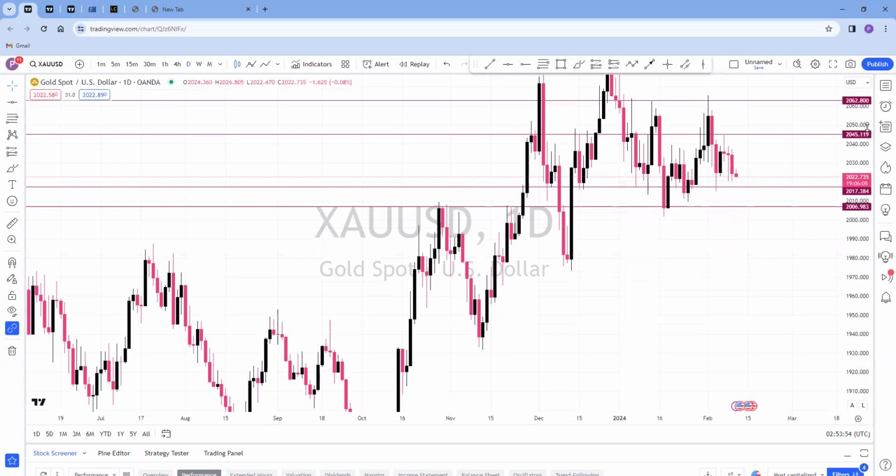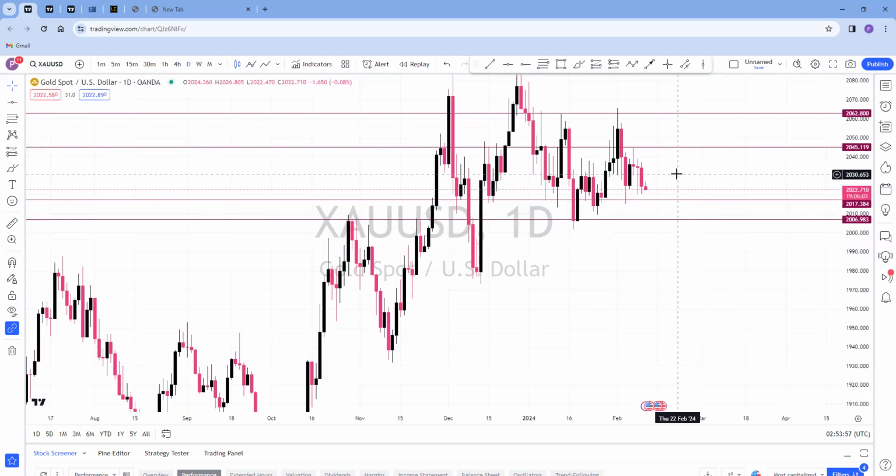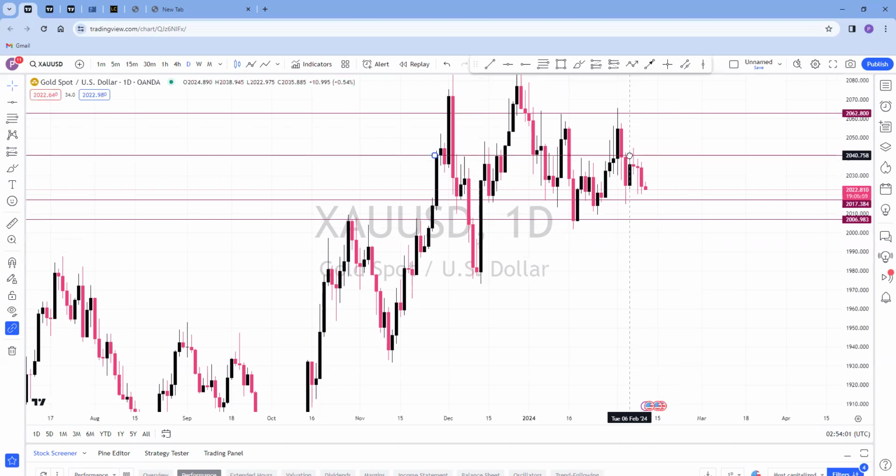Now, when you come to daily, you can see for sure that daily candles respected this level at 2040. That was on Wednesday. On Thursday, Friday gave bearish. Okay. So today, the market can test that 2017 level.